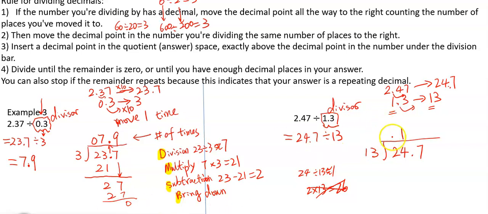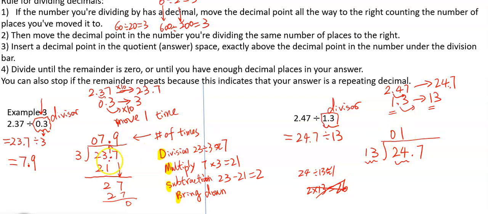And again, if you want, you can put a 0. If you don't want to put a 0 here, make sure you leave it blank, because we're trying to determine how many times 13 goes into 24. And again, we already checked 13 does not go into 2, or you can say 13 goes into 2 0 times. So there is a 0 times there. We just didn't put it there. And if you keep making mistakes, it's better to put a 0 there to hold that place, so you won't forget.